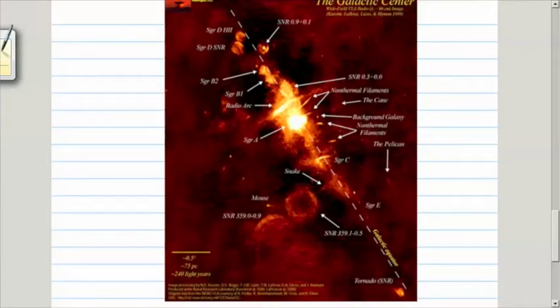For instance, here are supernova remnants, right? These big donut-shaped features. There are a few other peculiar things like the snake here, this radio arc, and at the very center of this is the so-called Sagittarius A.